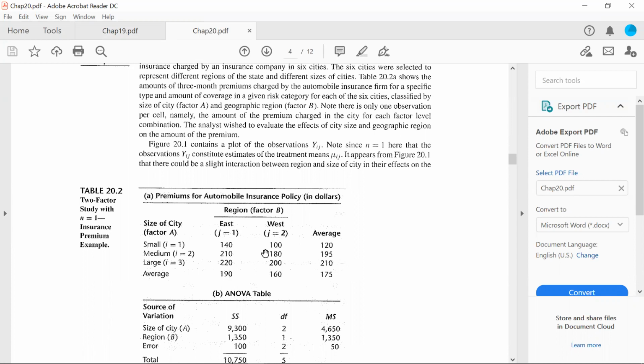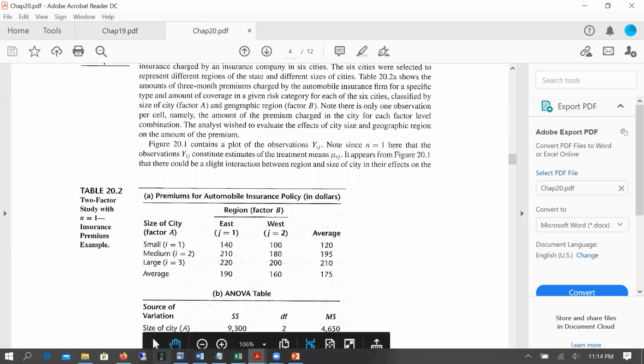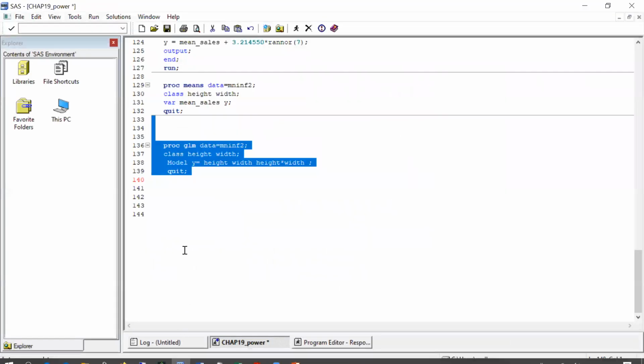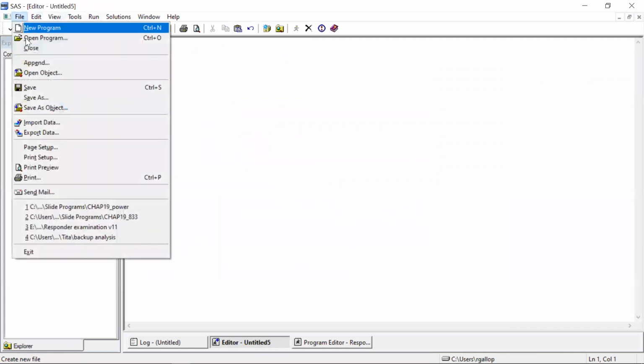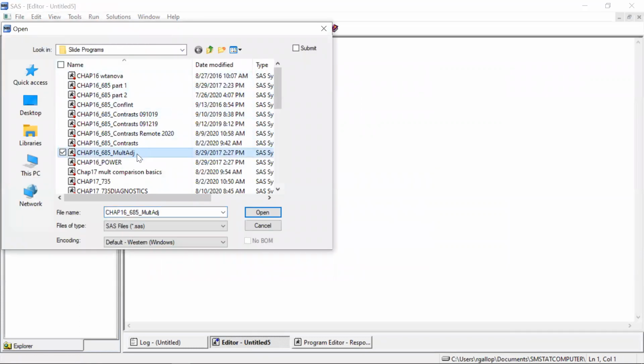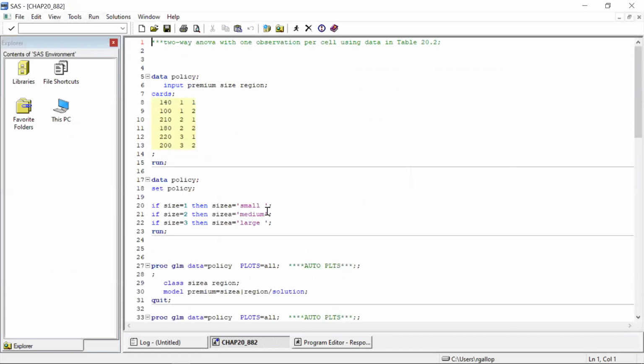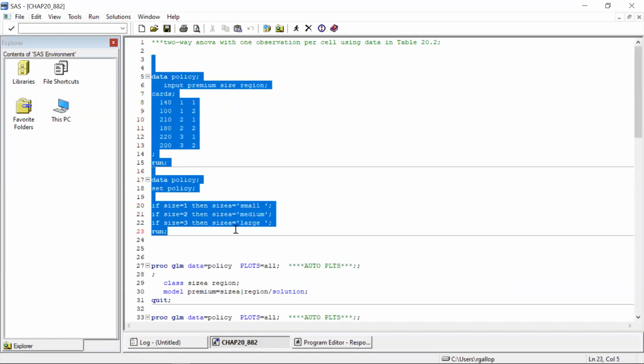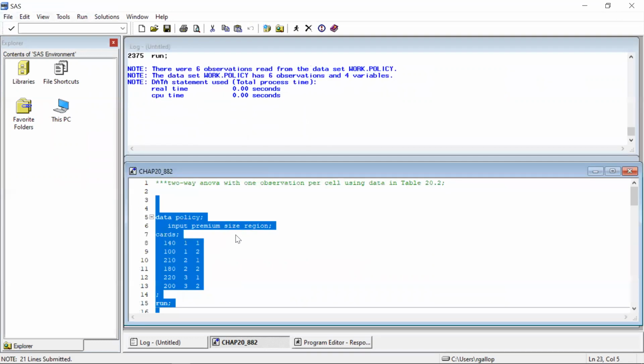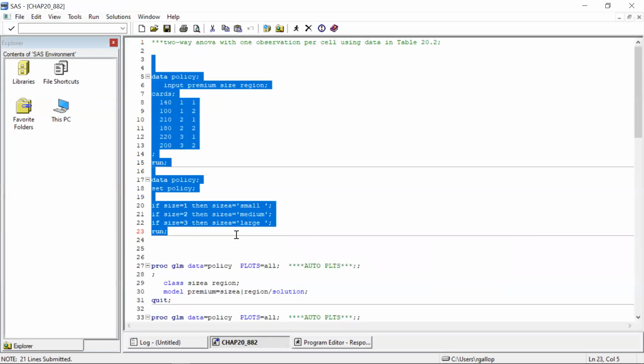Here we have one observation per cell. So let me go ahead and open up this data file here. It's chapter 20, 882, that you guys see right here. So one observation per cell. Let's put a little label on the size that we see.